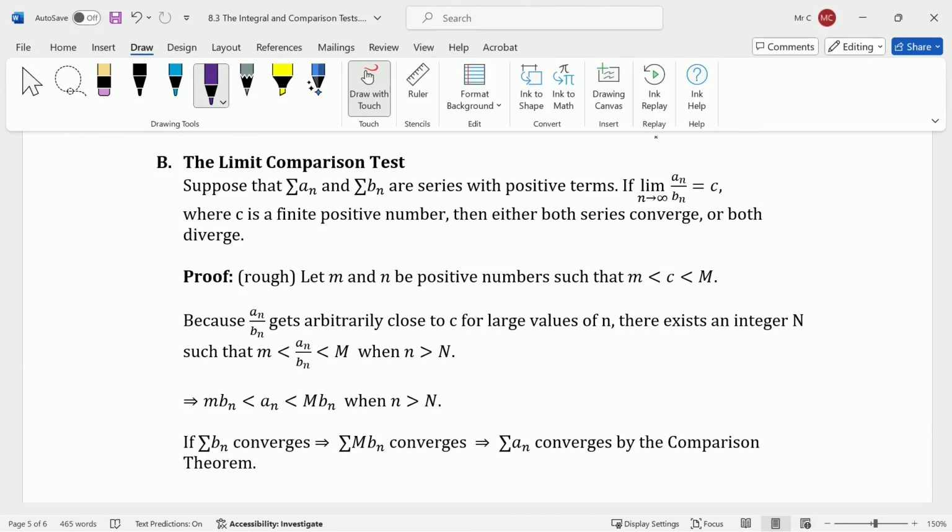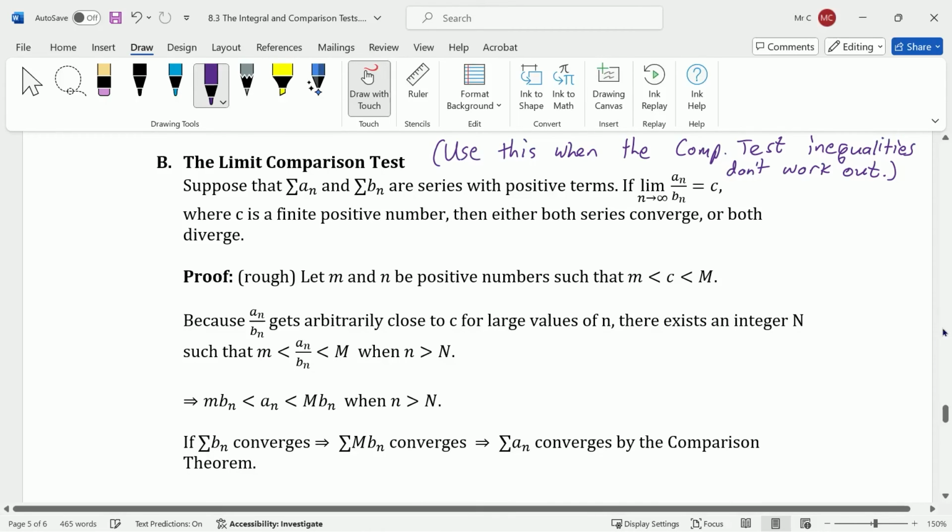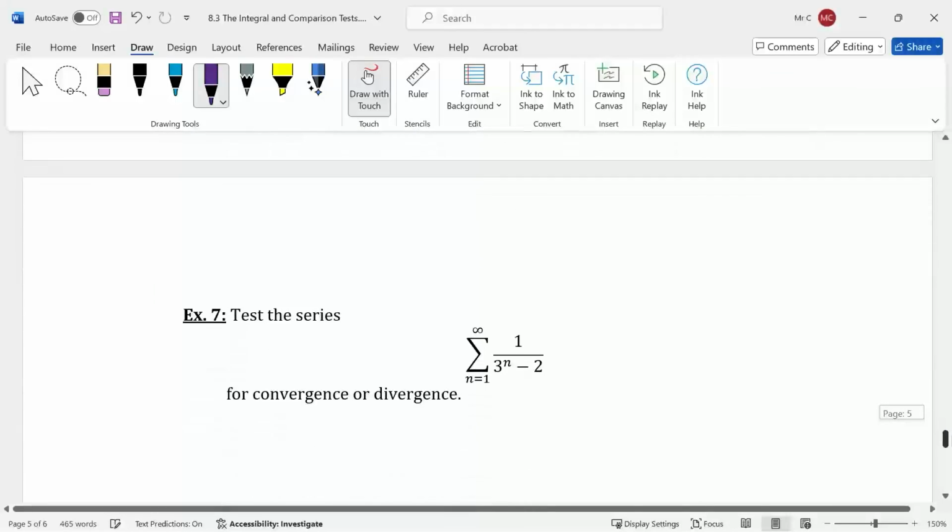So we use this when the comparison test inequalities don't work out, at least if you're sure that you're making the right comparison. So of course, let's illustrate that with an example.